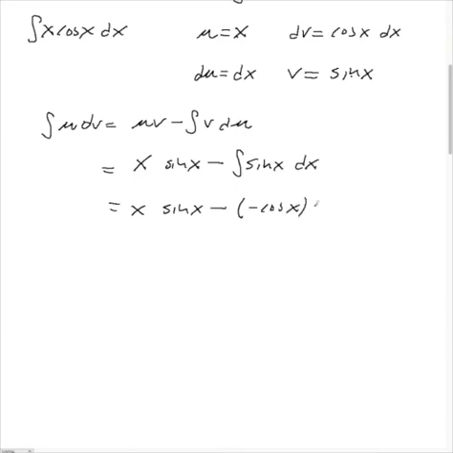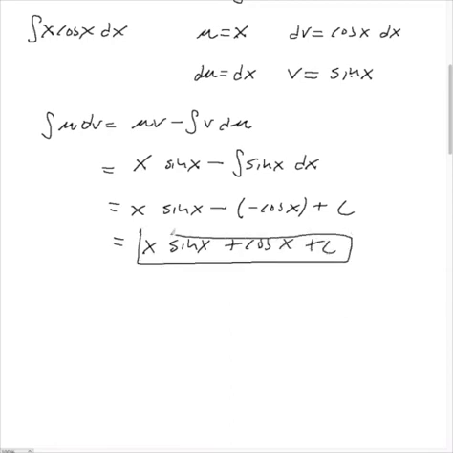And as with all anti-differentiation problems, I have plus c. So this becomes x sine x plus cosine x plus a constant. This is the answer to this antiderivative.